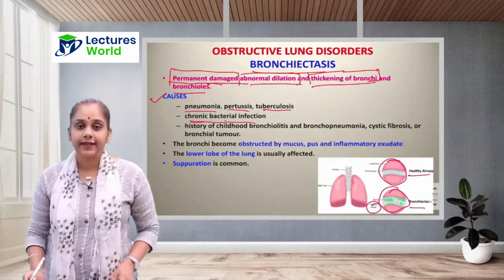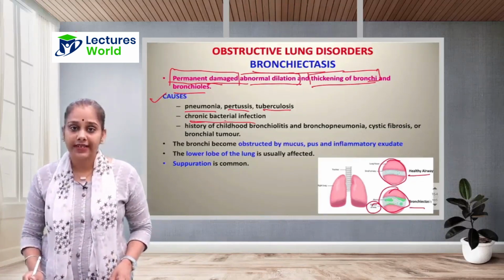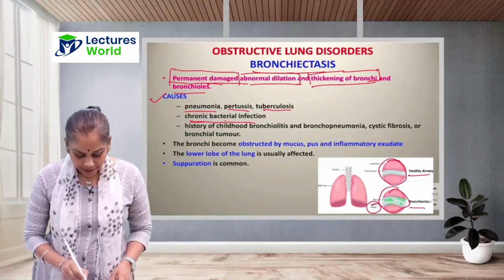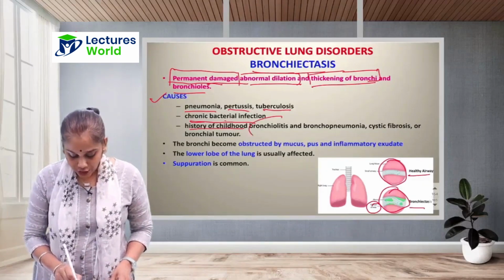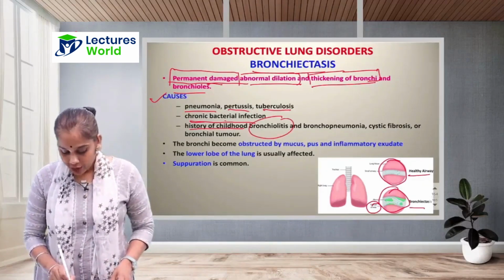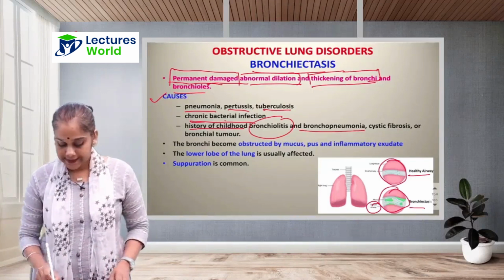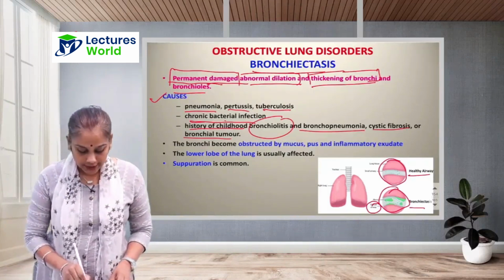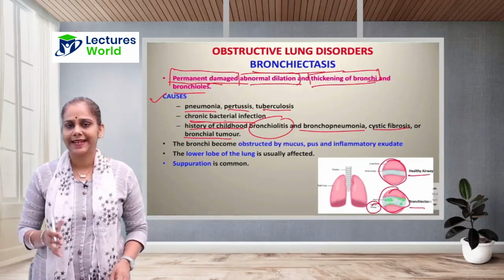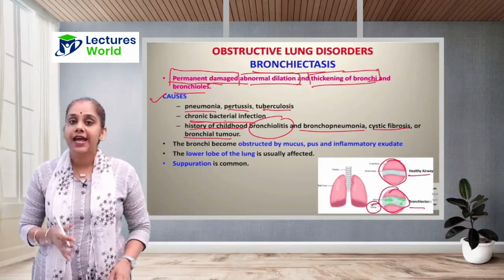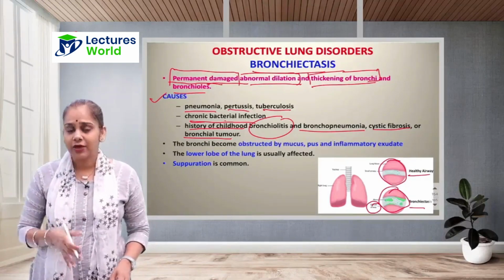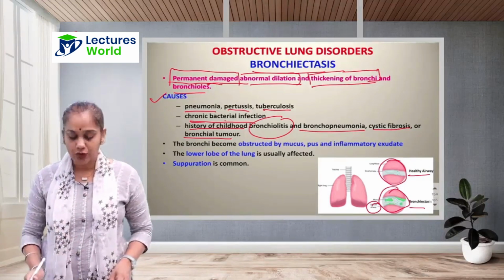Chronic bacterial infections in the lower respiratory tract, history of childhood bronchiolitis and bronchopneumonia, cystic fibrosis or bronchial tumor. Is there any tumor? Is there any fibrosis during childhood? Okay, during childhood there is pneumonia, there is bronchiolitis.